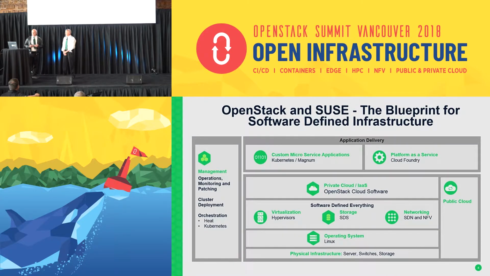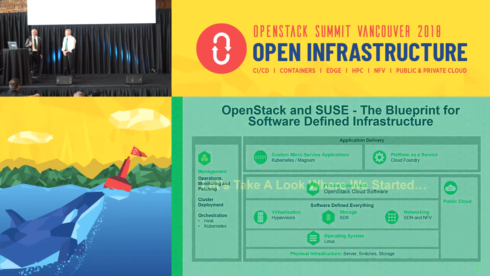As you go up the stack, OpenStack gives you very good APIs to do software-defined networking, and then you can layer on things like Kubernetes and a cloud platform on top of that. So this is our SUSE picture blueprint.